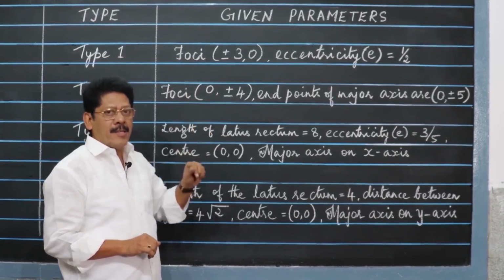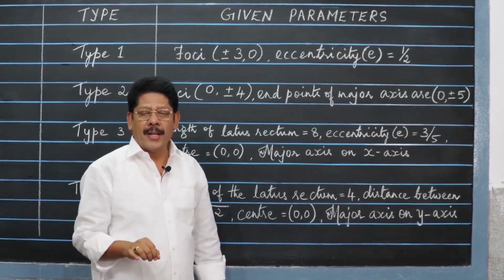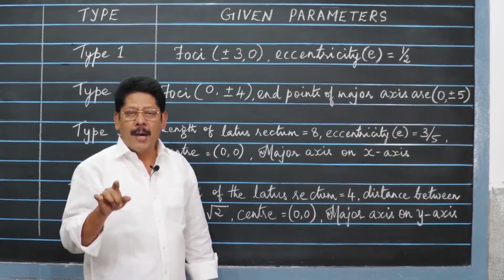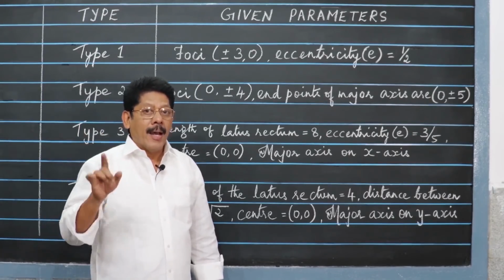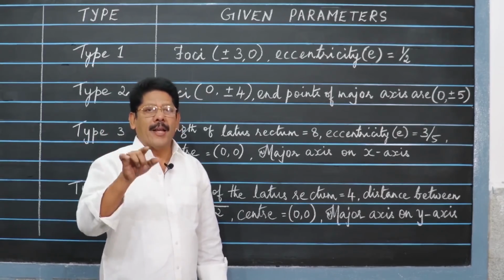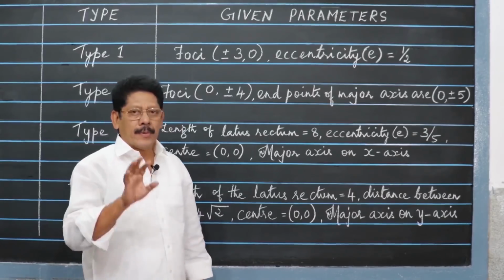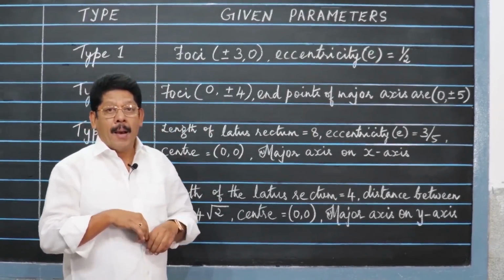You must know the formula for the midpoint: (x1 plus x2 by 2, comma y1 plus y2 by 2) will give you the center. The center coordinates will be denoted as h, k. With the help of this, you can solve the problem.